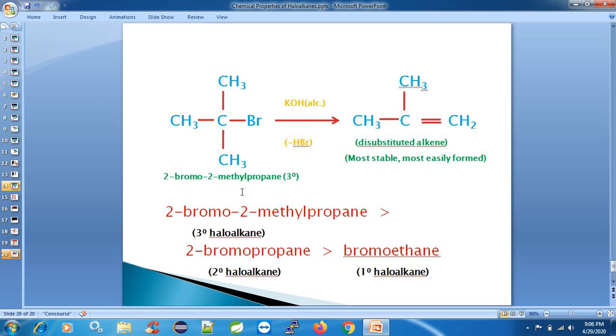But in the case of a particular alkyl halide where two beta carbons are possible, we will get two products, and from those two products the major product is the more substituted alkene. The more substituted alkene is the major product and the other one is the minor product. So this is about the elimination reaction shown by alkyl halides or haloalkanes.